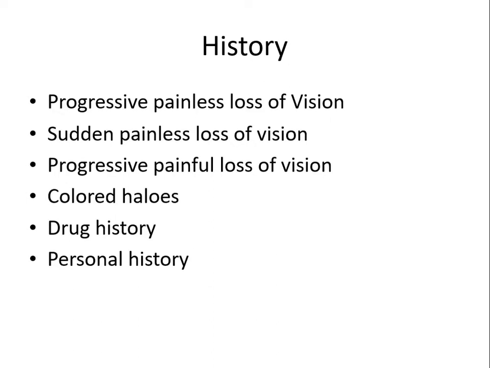Sudden diminution of vision occurs in CRAO, central retinal artery occlusion, sudden bout of vitreous hemorrhage, and retinal detachment involving the macula. Gradual loss of vision will occur typically in cataract and glaucoma.